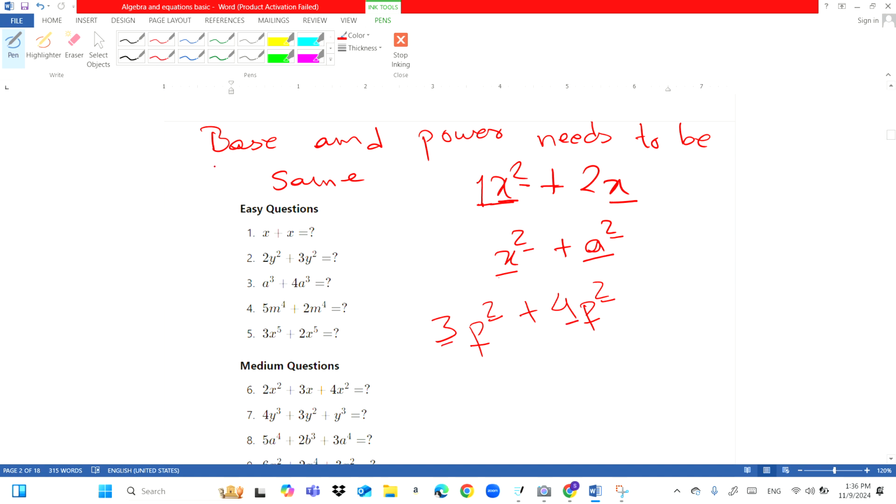All we need to care about is the base and the power. Yes, the base is same. Yes, the power is same. Since the base and power are same, we can add these algebraic terms. That is 4 plus 3, that is 7p square. So it's going to be 7p square.